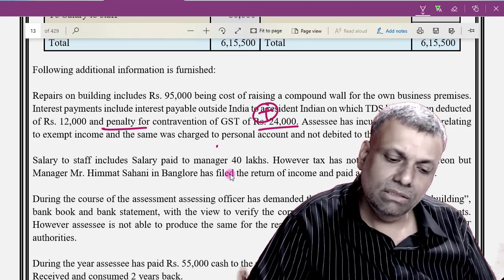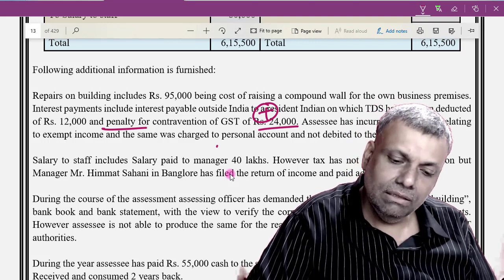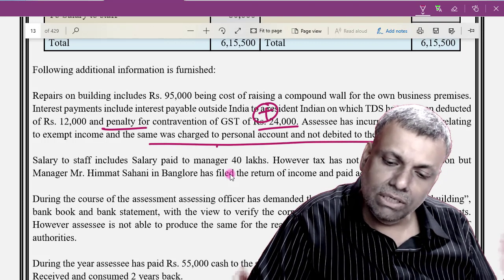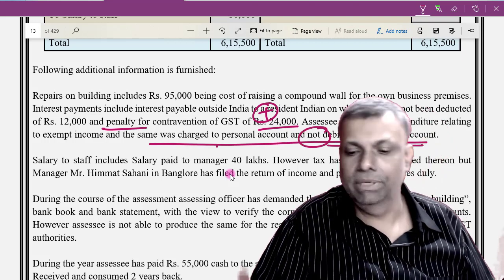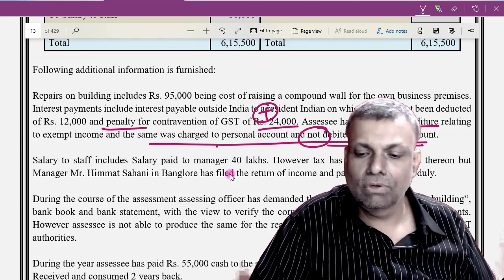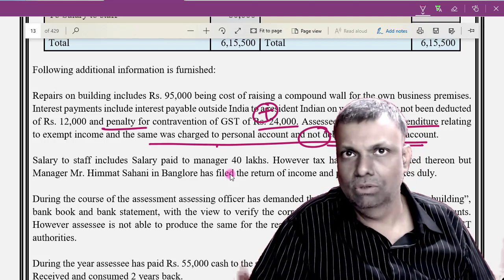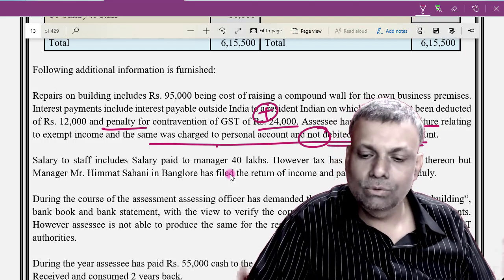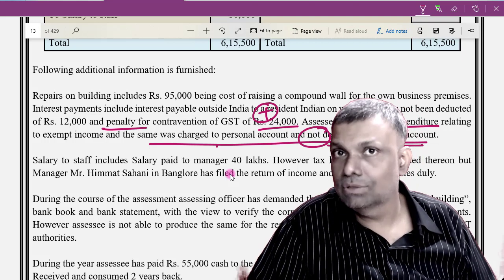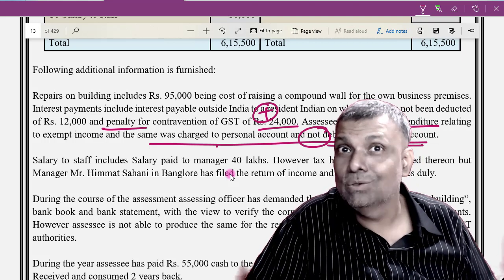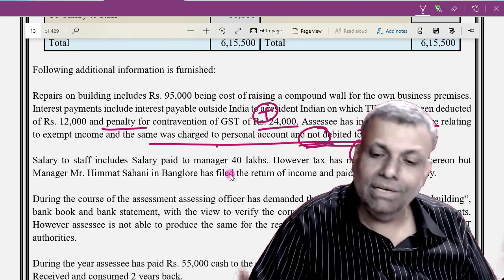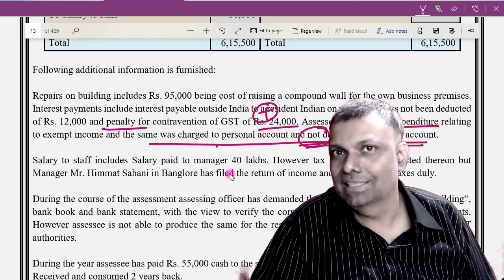The assessee has incurred expenditure relating to exempt income, and the same was charged to the personal account and not debited to the P&L. The expenditure for the purpose of earning exempt income is not allowed. Normally I should add it back if it was debited to the P&L, but nothing is debited to the P&L, so I will not do any adjustment.